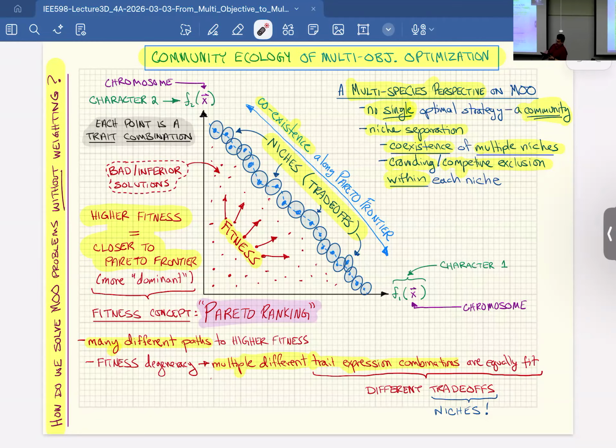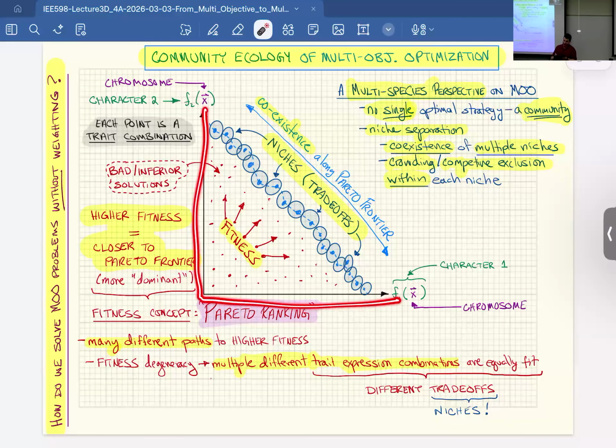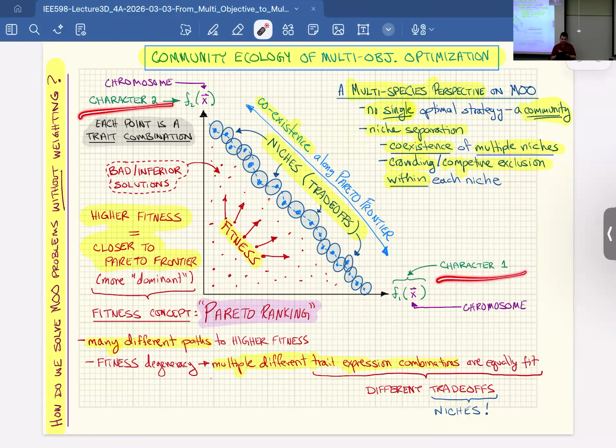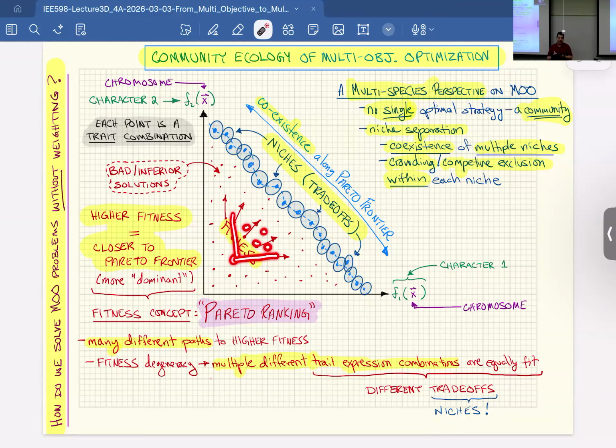So that's what I'm depicting here. You've got these multiple objectives, objective 1, objective 2. You can think of those as characters or traits. There are different ways you can mix your traits, and each one of these dots is a different mixture of traits. If you've mixed your traits in such a way that you're down here, then it is possible for selection to find other trait combinations which dominate that trait combination.